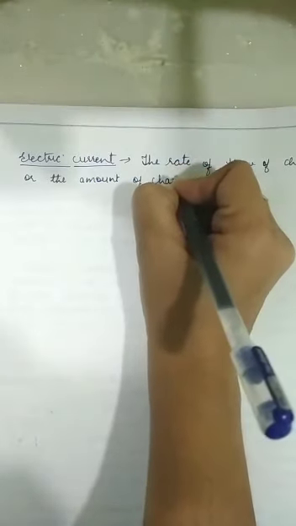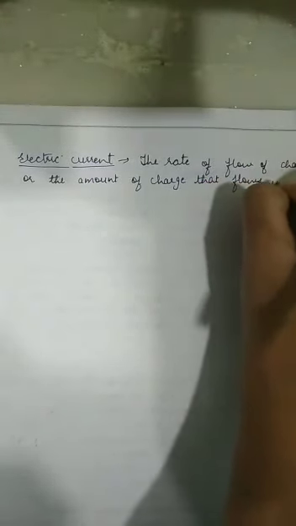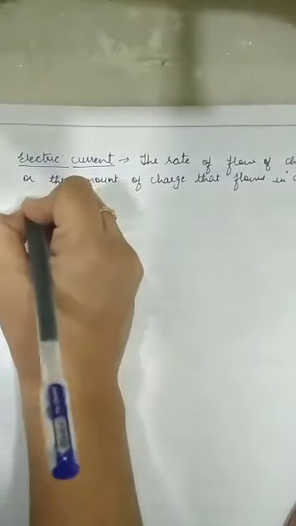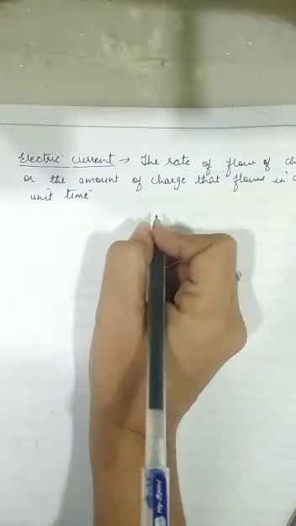The rate of flow of charges, or the amount of charge that flows in a unit time, is called electric current.